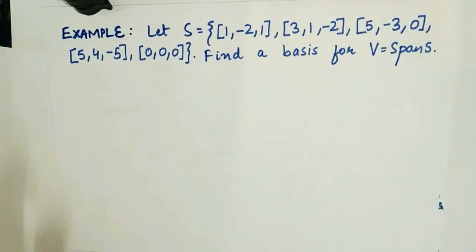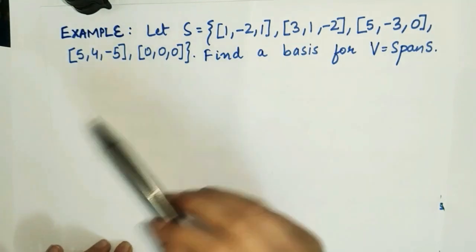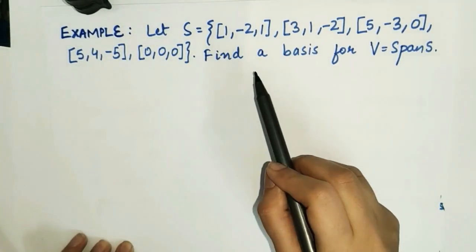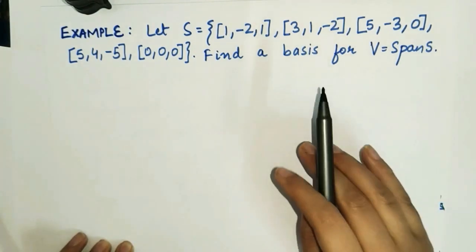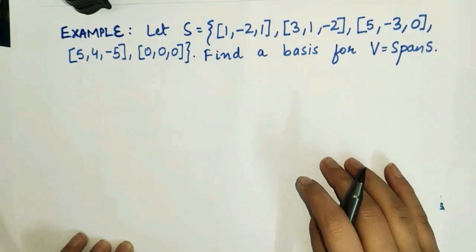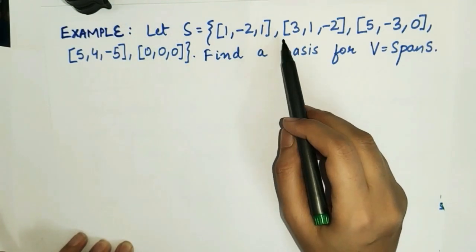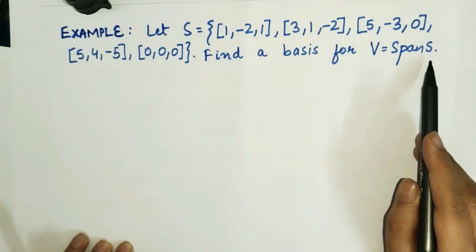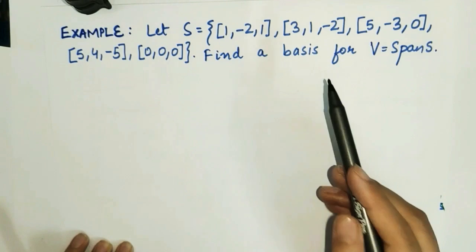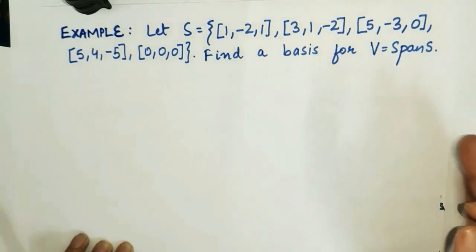Now again I've considered the same example. So I've taken S to be this, but here the question is different. There the question was to find a subset of S that was a basis for this. Now here I am not asked to find a subset, because if I applied the simplified span method, my simplified span will not be a subset of S. So here it is written, find a basis for V equal to span S. Now it is your choice whether you want to find a subset of S or any basis.